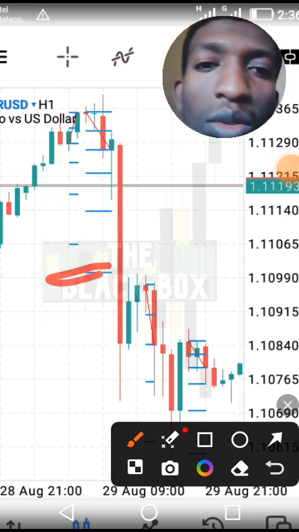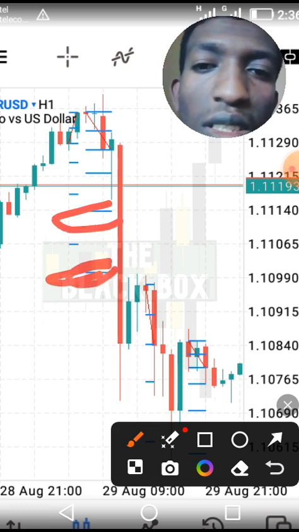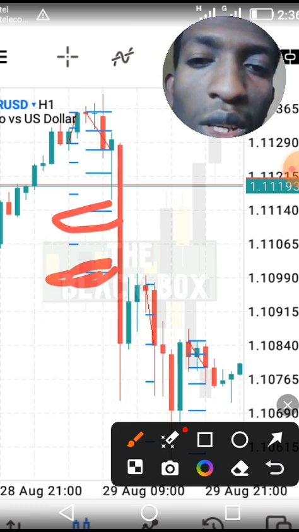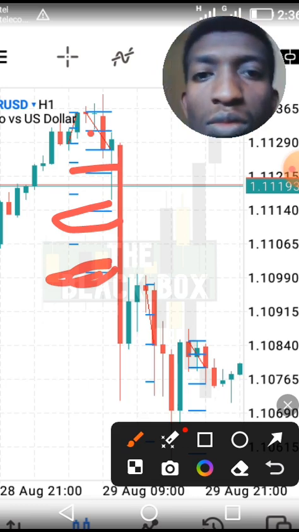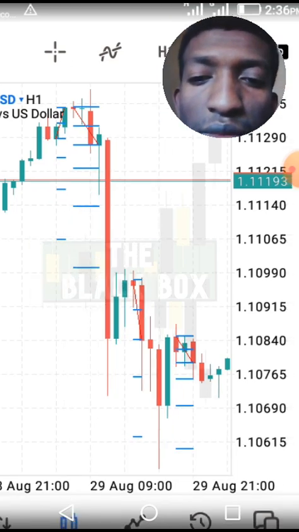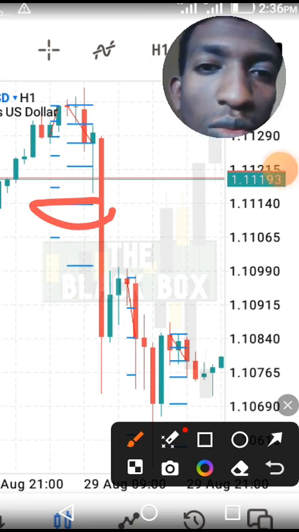So I told you to take partials at TP2, take partials at TP3, and then let the rest run. After TP3, you can trail your stop below your entry. If that was your entry, make it a little bit lower, and then let the rest run. You can even put it at TP2 after TP3.